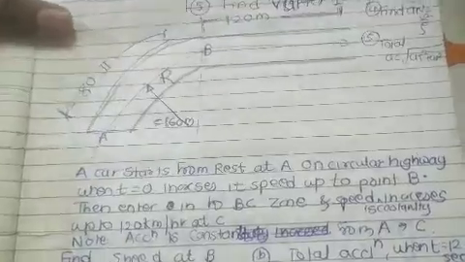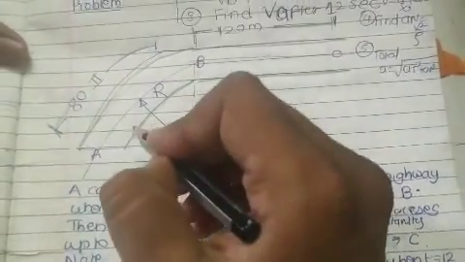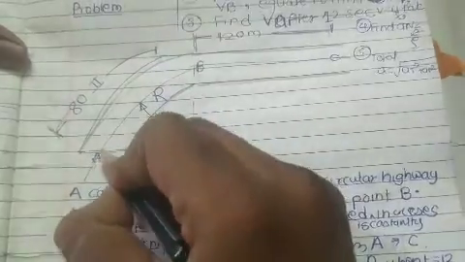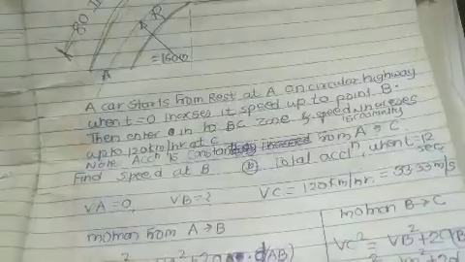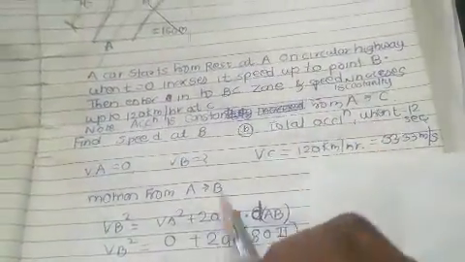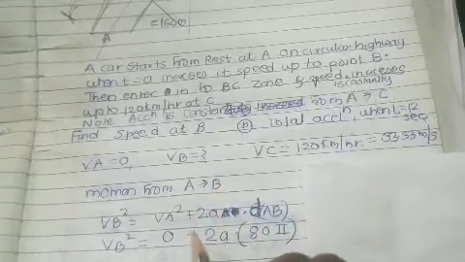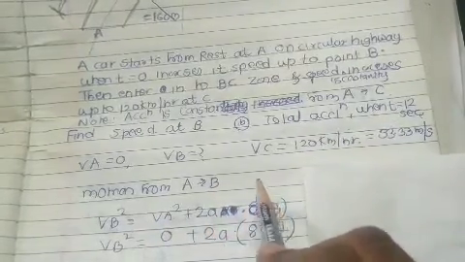Now we'll apply the equations of motion. We'll consider motion from A to B. We use our normal equation, v square is equal to u square plus 2as.